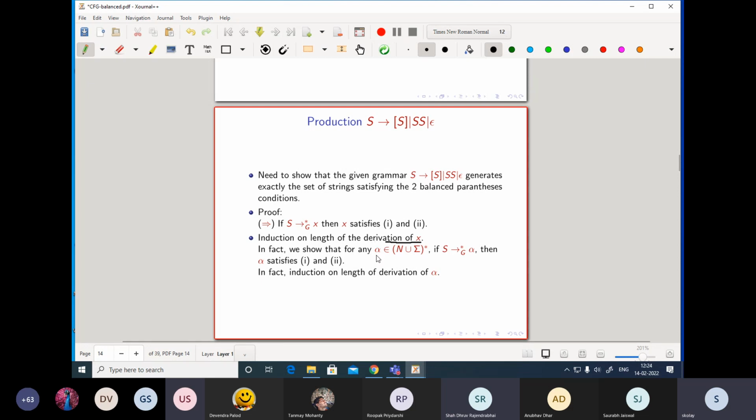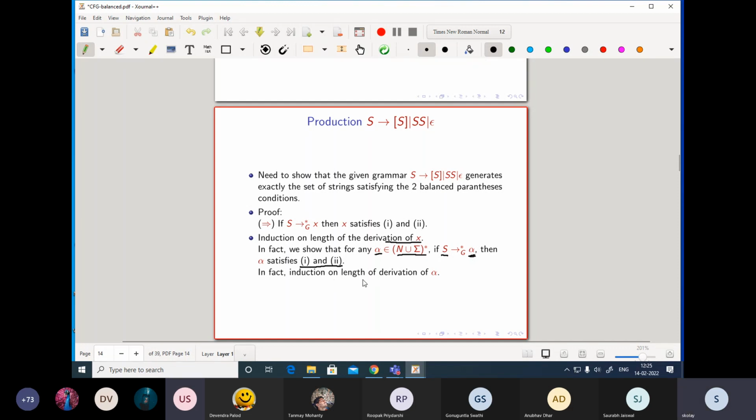We will be looking at any sentential form in N union sigma star, and we will show that any such sentential form that is derivable from S will satisfy conditions 1 and 2.